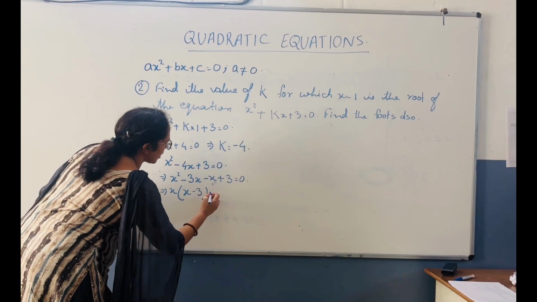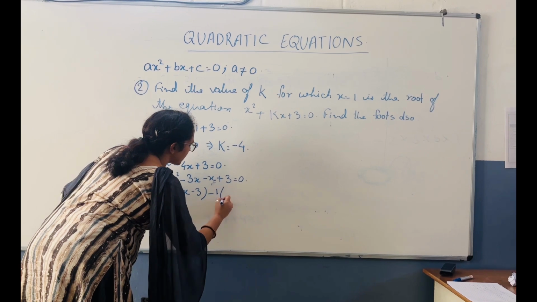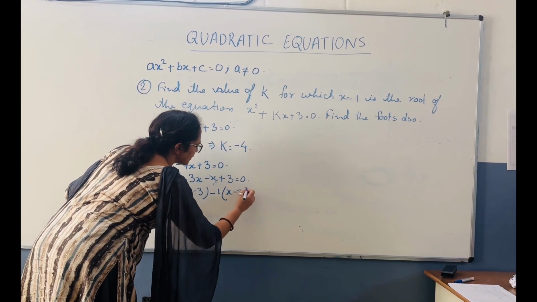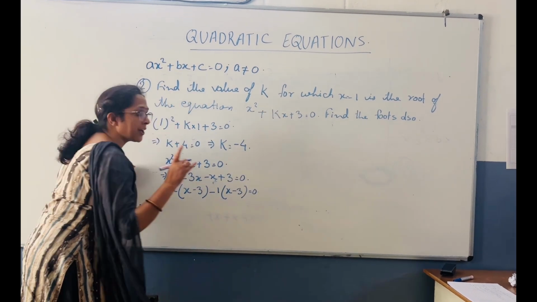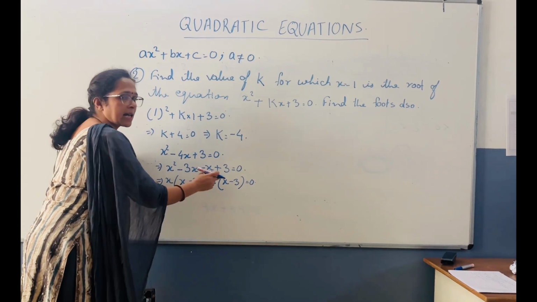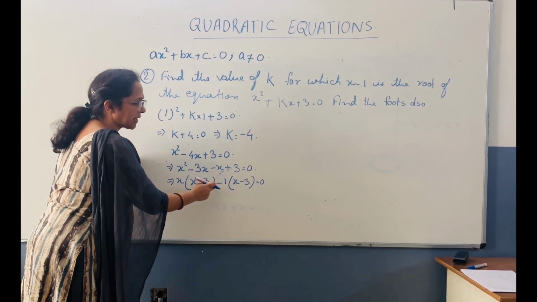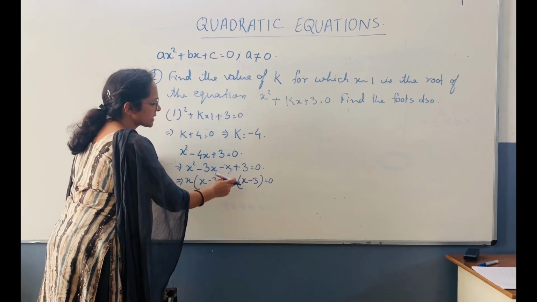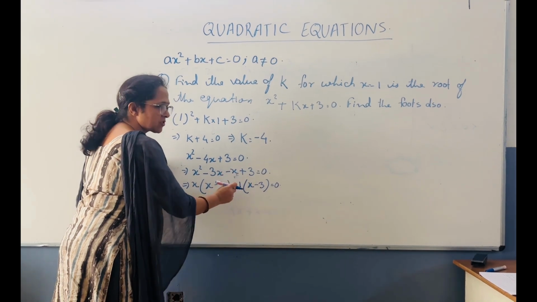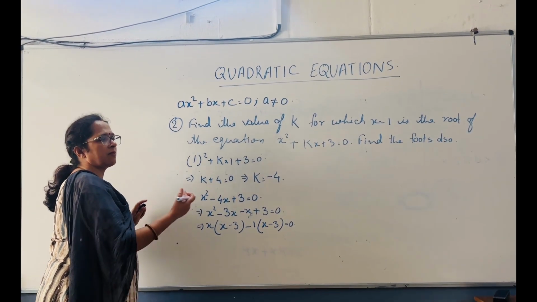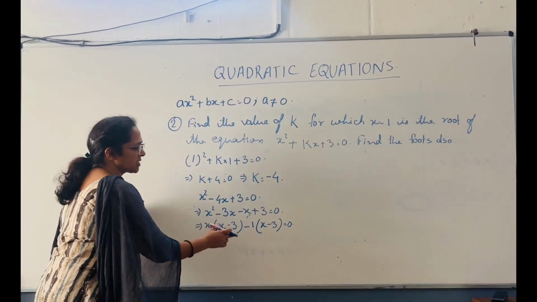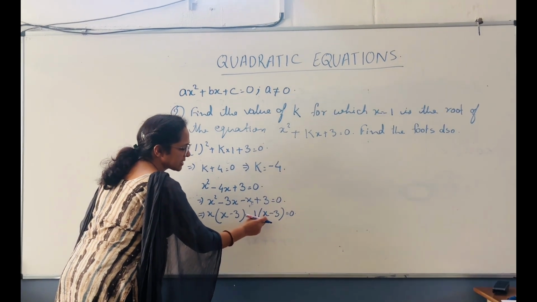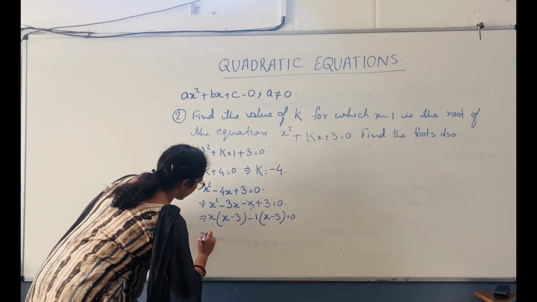If from these two I take minus 1 as common, x minus 3, that is equal to 0. Be very careful while taking the sign, because you have taken negative as common. So inside, the positive sign will become negative and the negative sign will become positive. That is why we have written x minus 3.